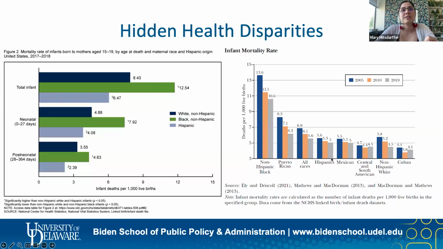And we see that Cuban mothers or birthing parents have lower infant mortality rates compared to Central and South American and Mexican mothers, right? So we see disparities starting to emerge, or infants rather, where we had not seen it before. And when we look at Puerto Rican infants, we see the mortality rate jump in a way that is closer to what we see in the Black population.